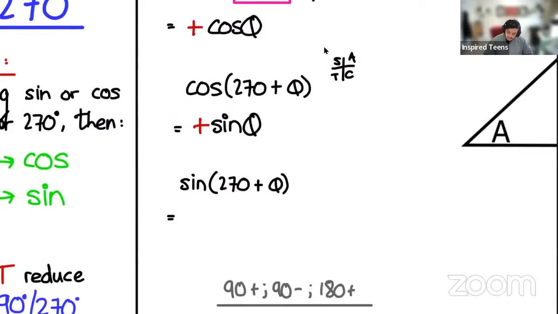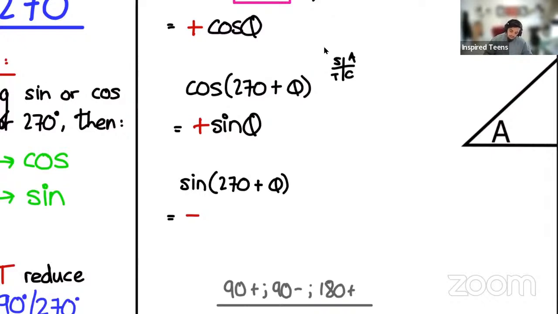Let's have a look at sine of 270 plus theta. Firstly, we notice that we're using sine and 270, so you need to follow the ruling. Thereafter, you determine the mathematical sign. So 270 plus, again, is in the fourth quadrant where cos is positive. So sine is negative. We use the first trig ratio to determine the mathematical sign that we use.